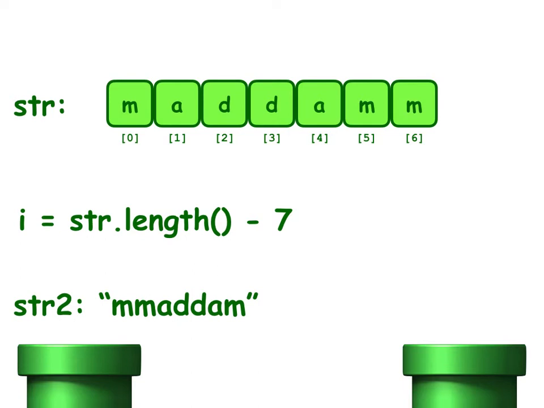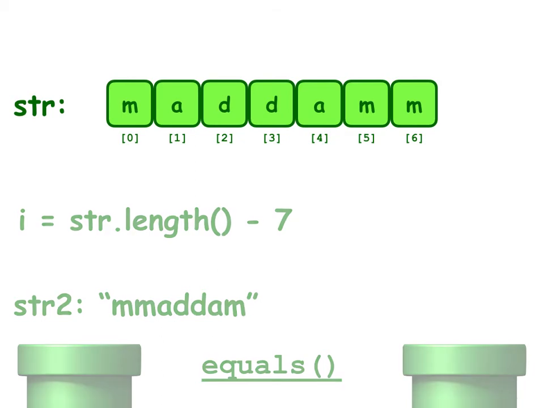Now that we've concatenated each character in str in reverse order, we're going to compare str and str2 using the dot equals method. If the equals method returns true, then clearly we have a palindrome. If it returns false, then we do not have a palindrome, and the method will return false.